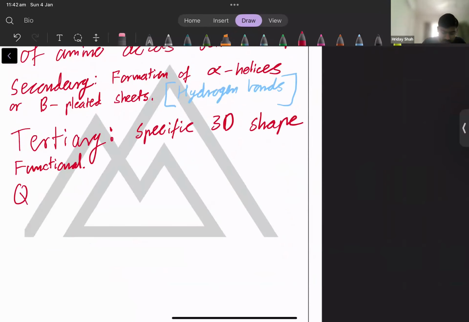Then finally, at the quaternary level, it has to consist of 2 or more polypeptide chains.